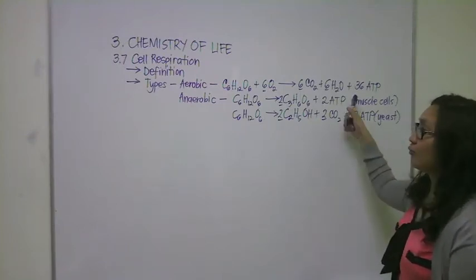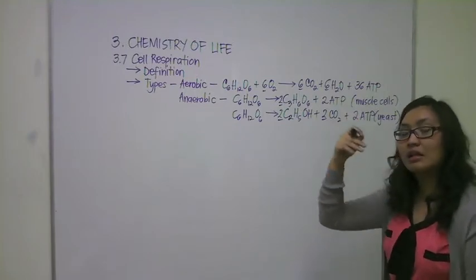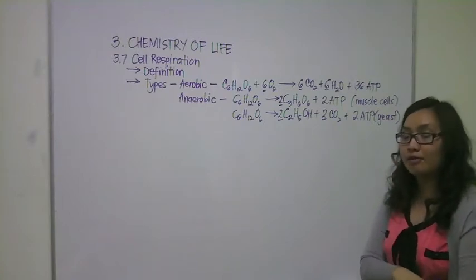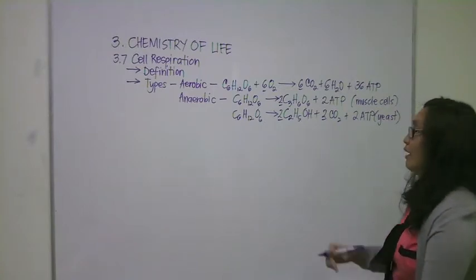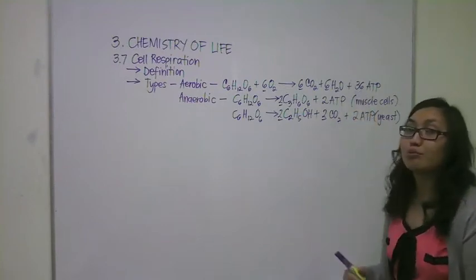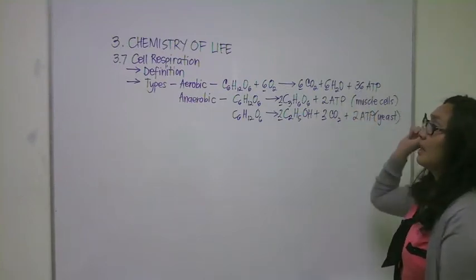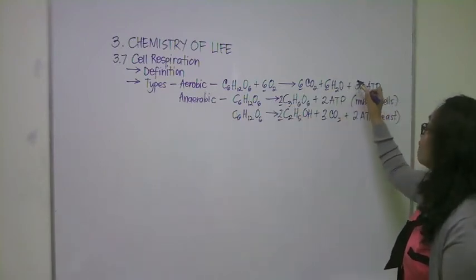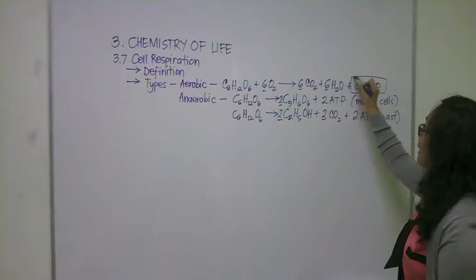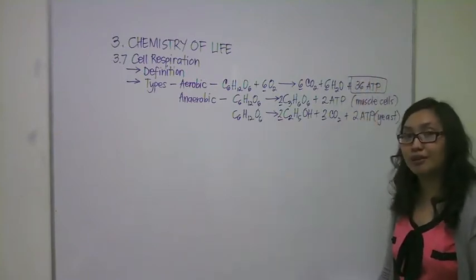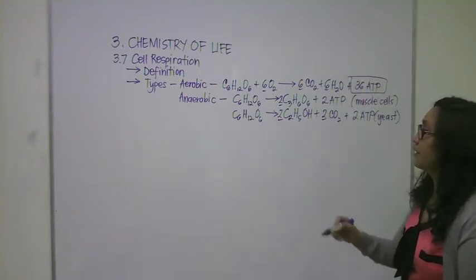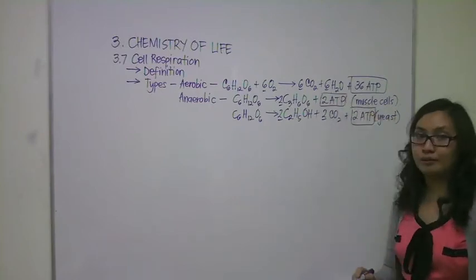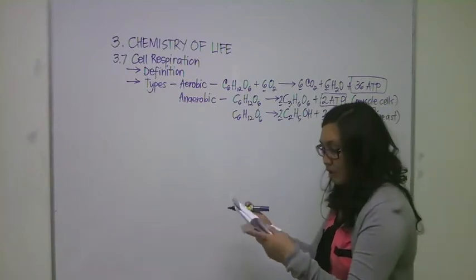Unlike in aerobic respiration, which undergoes three more processes apart from glycolysis, that's why it is able to produce more ATP. Therefore, aerobic respiration is way more efficient in producing energy molecules compared to anaerobic respiration, because of the amount of ATP molecules produced.